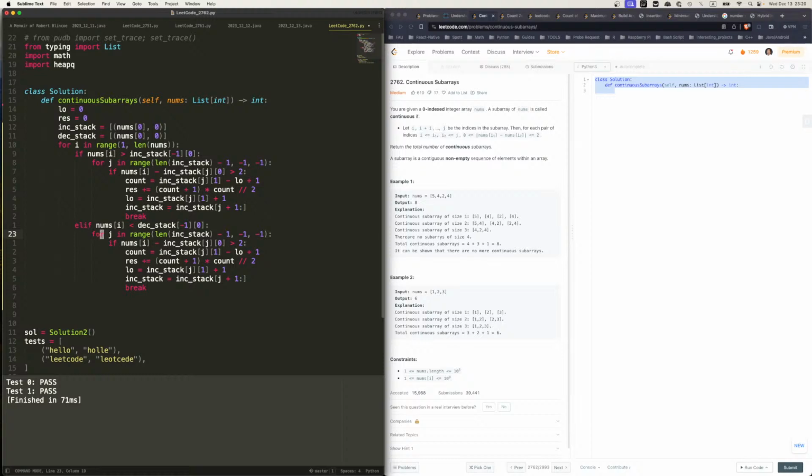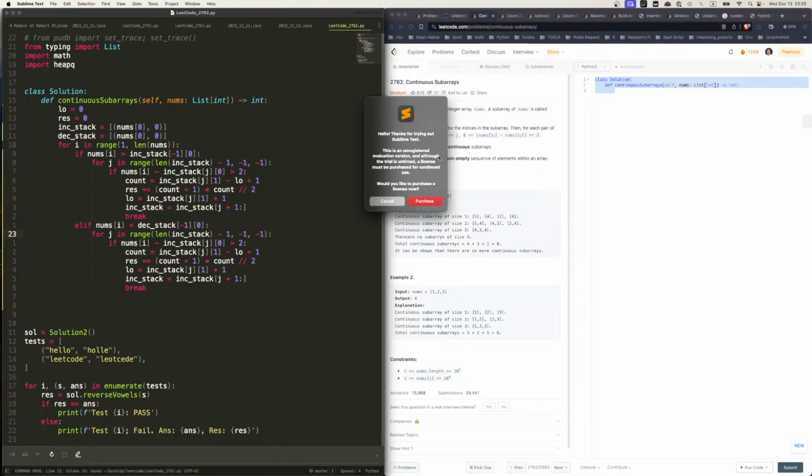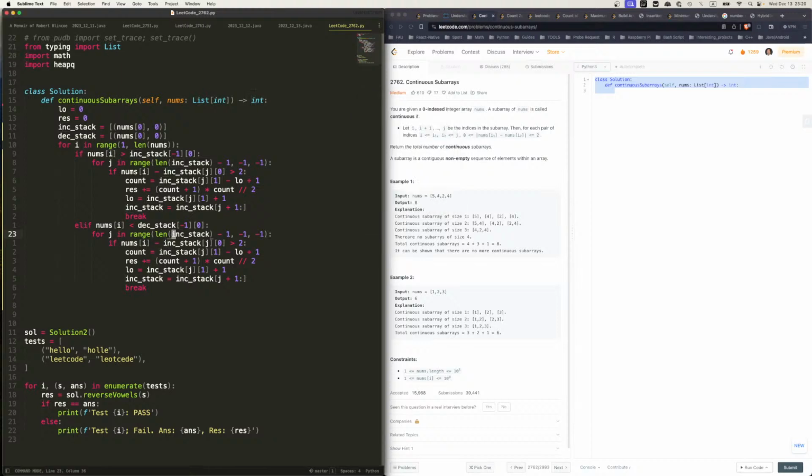For instance, all the increasing stack shall be decreasing stack. Okay, I should do this. It should be decreasing, right? So the next one we should update.